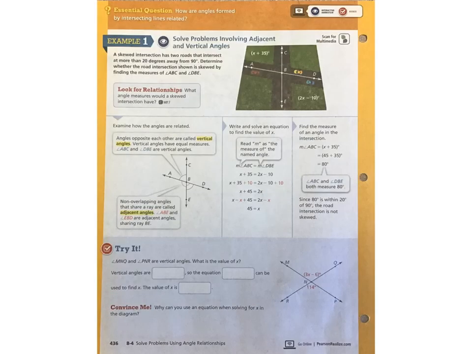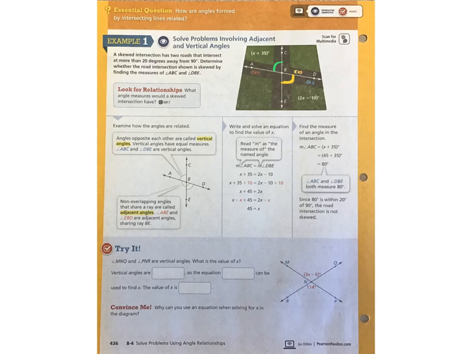Example 1. Solve problems involving adjacent and vertical angles. You can see in the picture diagram that you have lines AD and CE intersecting each other at point B. In this case, you're looking at roads that do not intersect at a 90-degree angle, and they are asking us to find the measure of angle ABC, which for this problem would be this angle right here, and to find the measure of angle DBE, which is this angle down here.